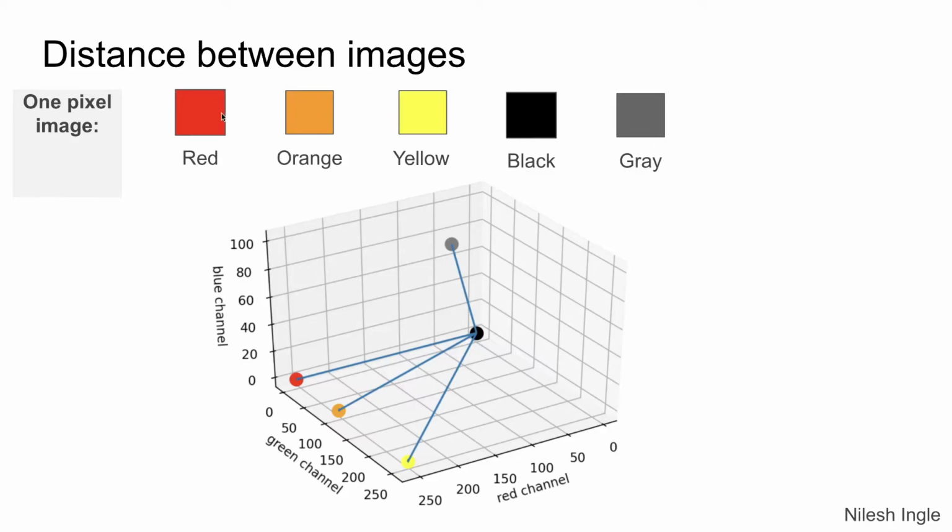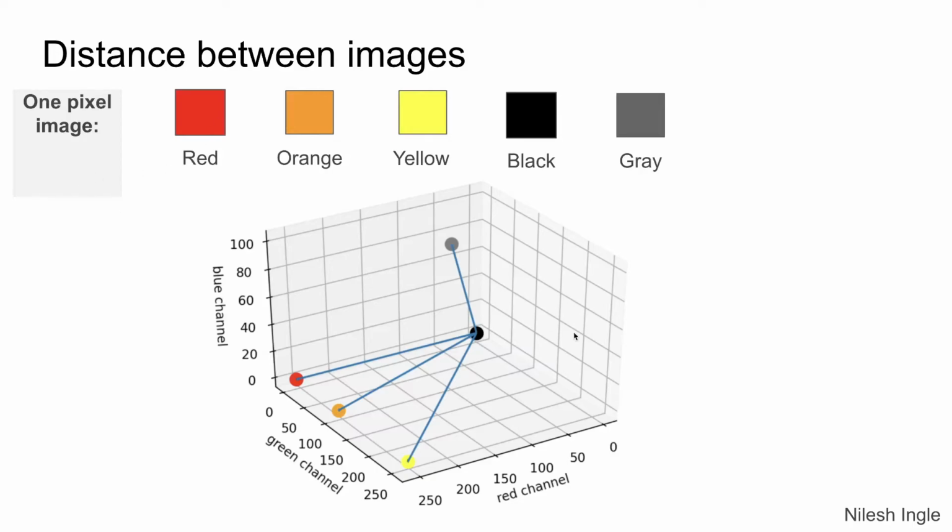Now, as we have seen, each image is basically a number of values from 0 to 255 in this case. So if we take all the values, we can represent it as a vector. And because we can represent it as a vector, and since this is just 1 pixel, we are fortunate that we can plot it in a three-dimensional space.